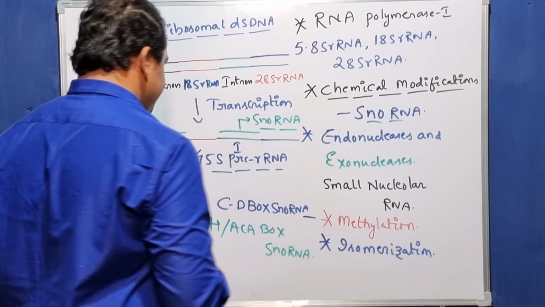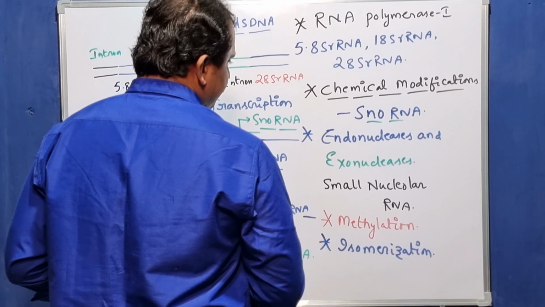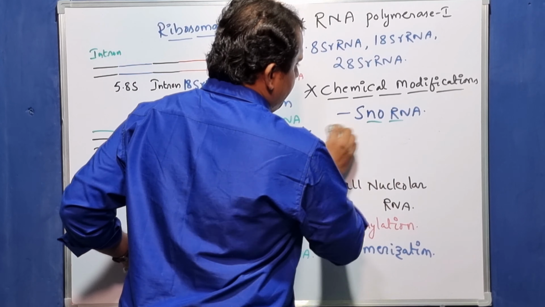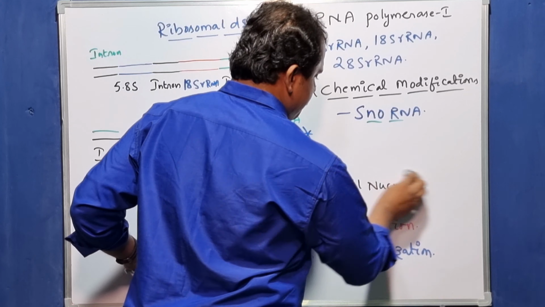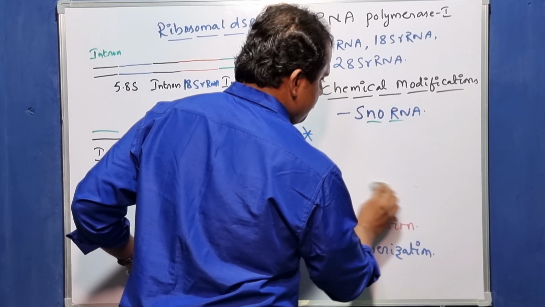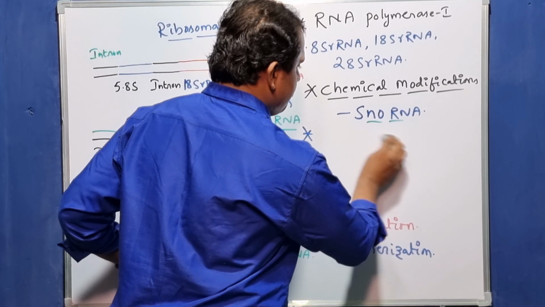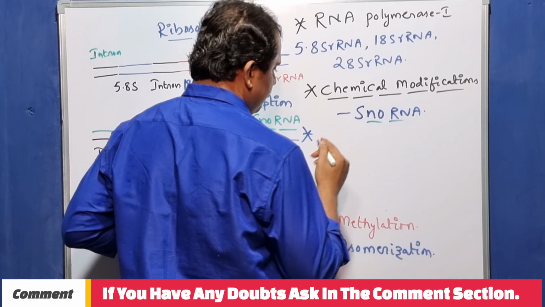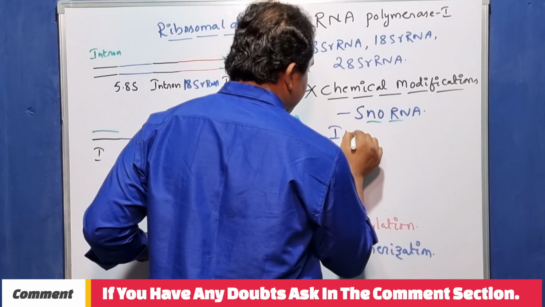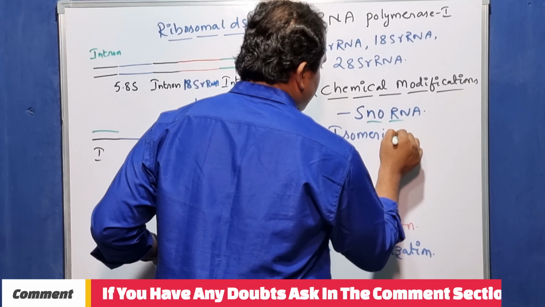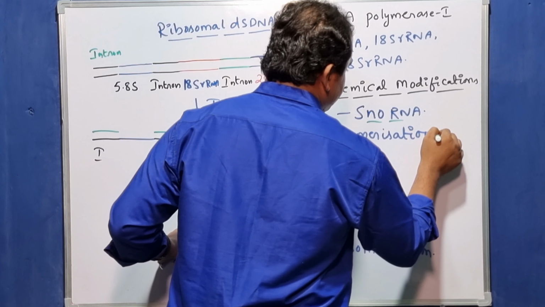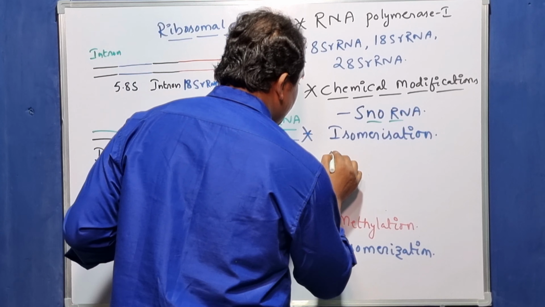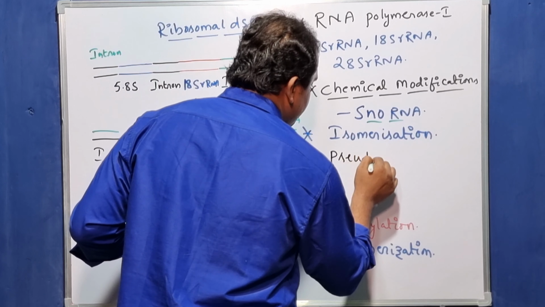So let me arrange the things here. Pseudouridylation. Isomerization is nothing but pseudouridylation.